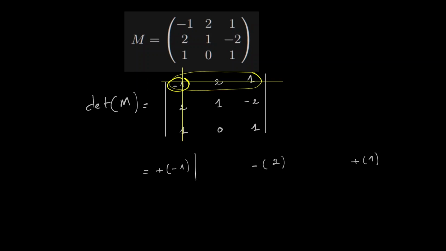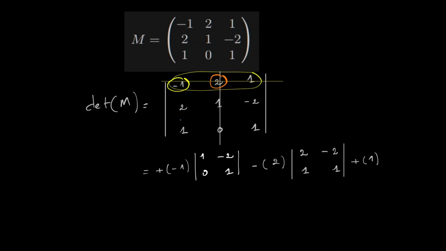Then the minor determinant is the determinant of this 2 by 2 matrix. Now for the second position, we need to eliminate the first row and the second column. And here the minor determinant is 2, 1, minus 2, and 1.